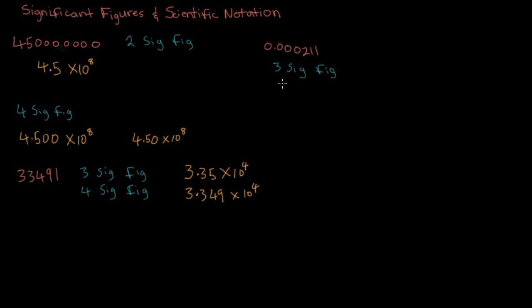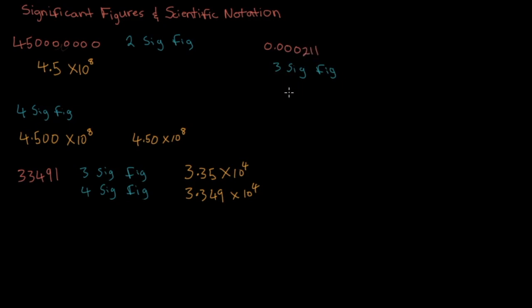All right. So again, the process is the same. What we would do is we would write down the first 3 digits, the first 3 non-zero digits. So that would be 1, 2, 3.